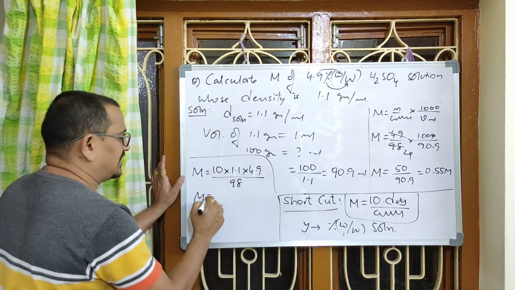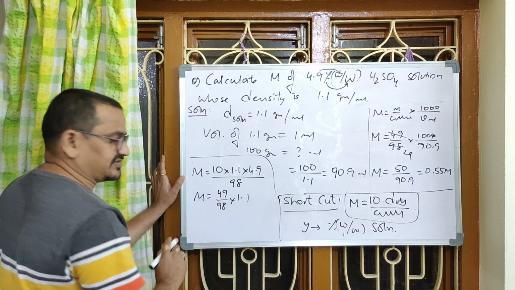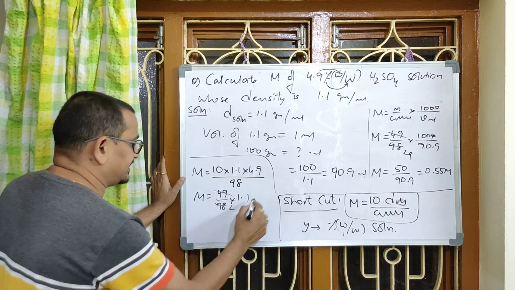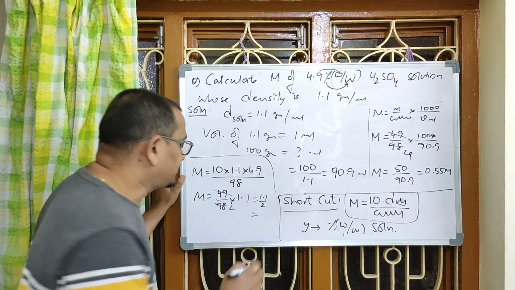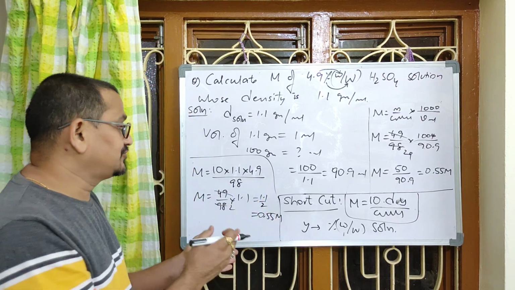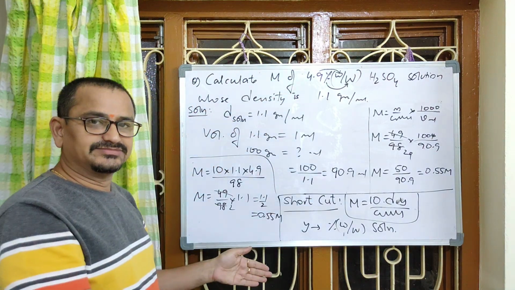Molarity equals 49 by 98 into 1.1. So 49 twos, it is 1.1 by 2. What is 1.1 by 2? 0.55 molar.